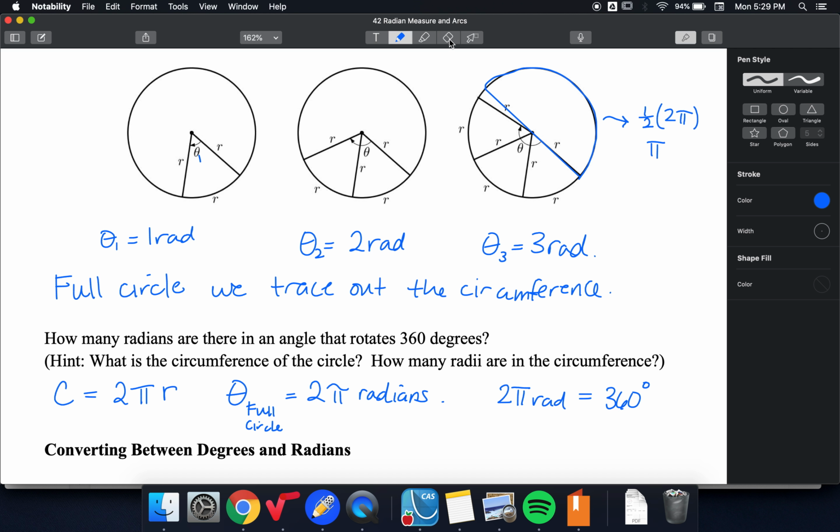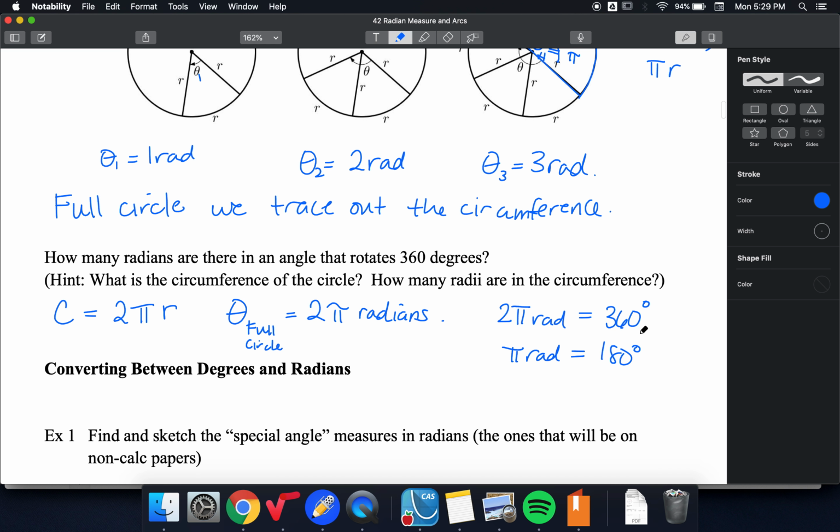Half of 2 pi r is half my circumference, which would leave me with pi r as that total measure. So that's pi radians around. So that must mean that angle theta of half a circle, so theta h, is equal to pi radians. So pi radians is half a circle, which we know is 180 degrees. This is the one that I use most often and think about most often, is that pi is half a circle.